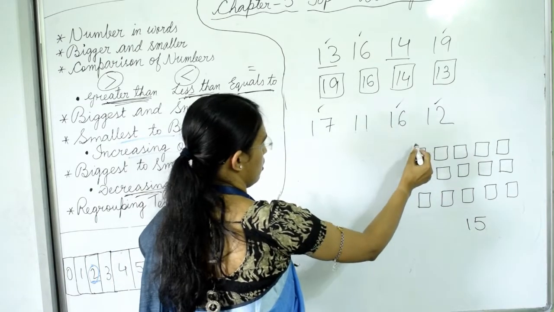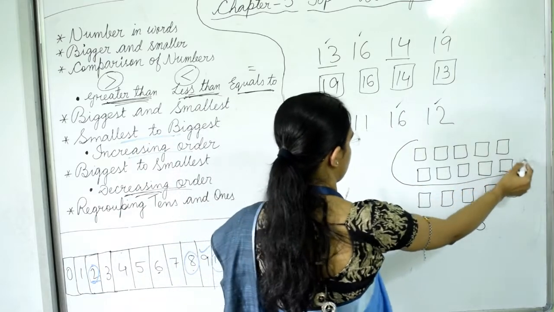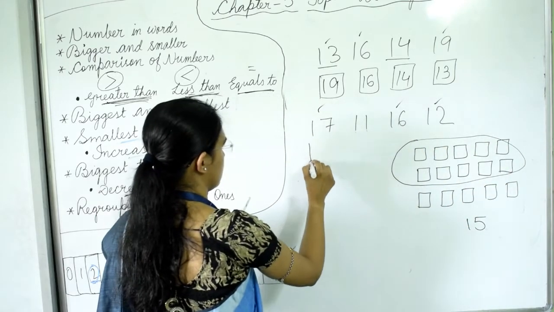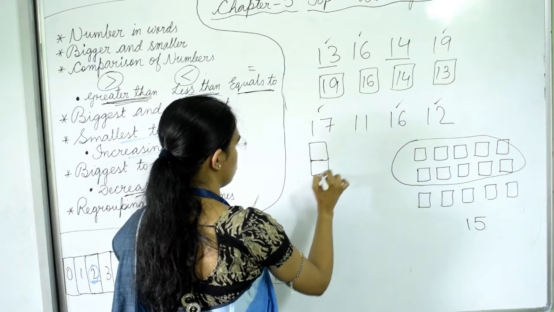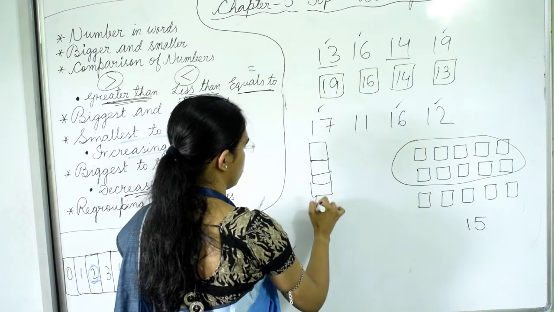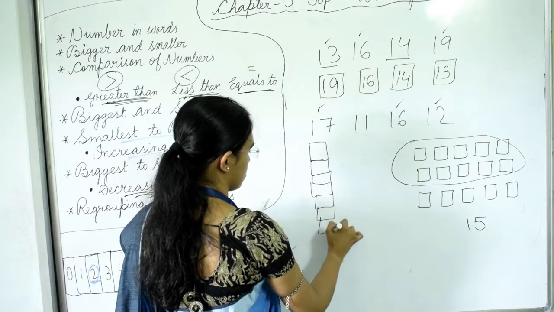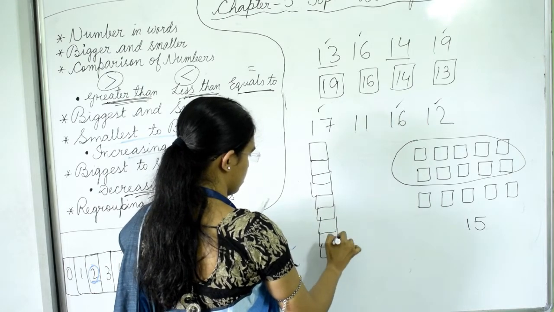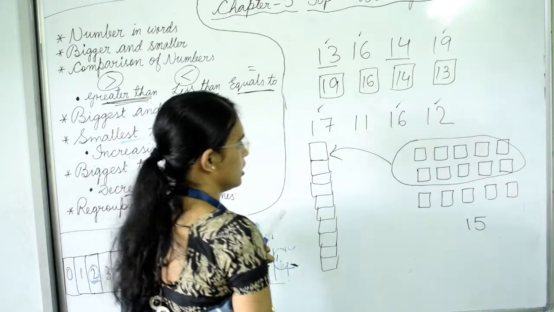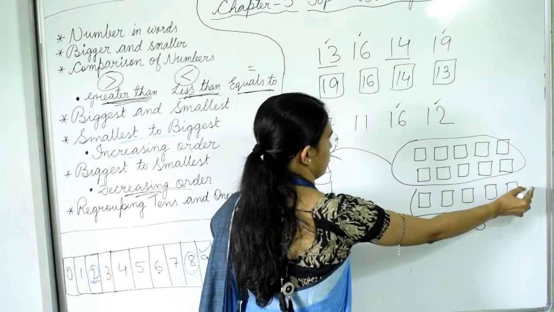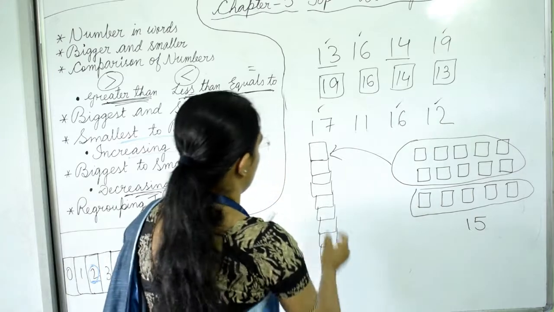Now first I will take 10 blocks and I will put them in this way: 1 2 3 4 5 6 7 8 9 10. So I have taken 10 blocks. Then how many blocks do I have left? 5 blocks.